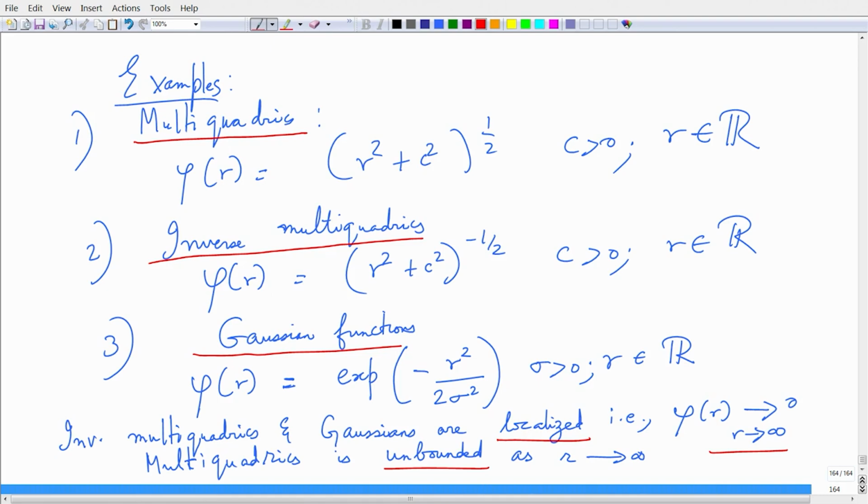So, there is this duality between when r equals 0 and r equals infinity, and this behavior is important for us. And the multi-quadrics is unbounded, and as r goes to infinity this heads to infinity. So, therefore, we will have to take care to put bounds if we were to use this function within our interpolation problem.